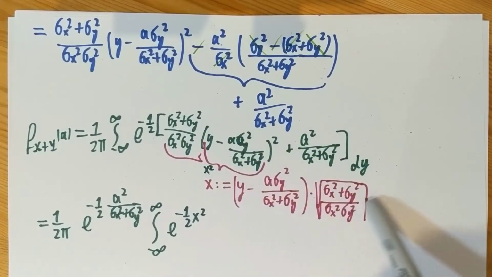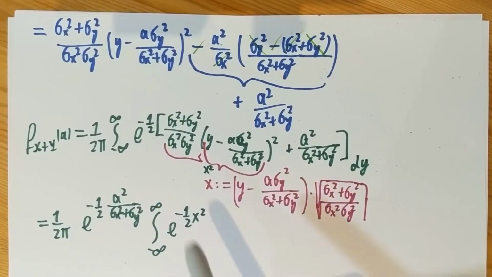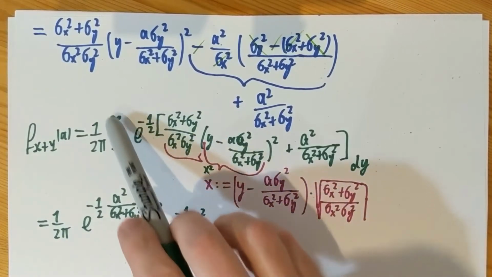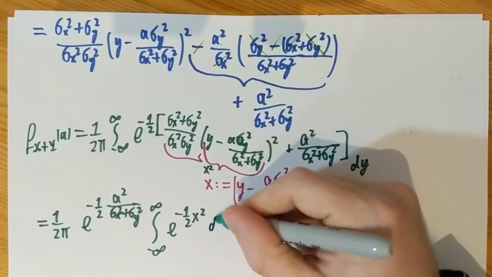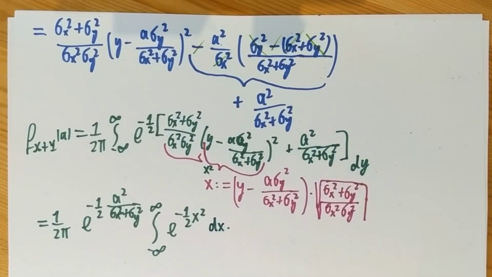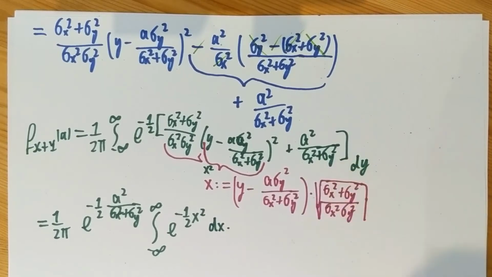It's just an affine transform of y, some constant times y minus some other constant. If y went from minus infinity to infinity, x will still go from minus infinity to infinity. And because of that, dy is just going to be a factor of dx. So dy is going to be the same as dx times a factor. So that factor is just the reciprocal of that root.